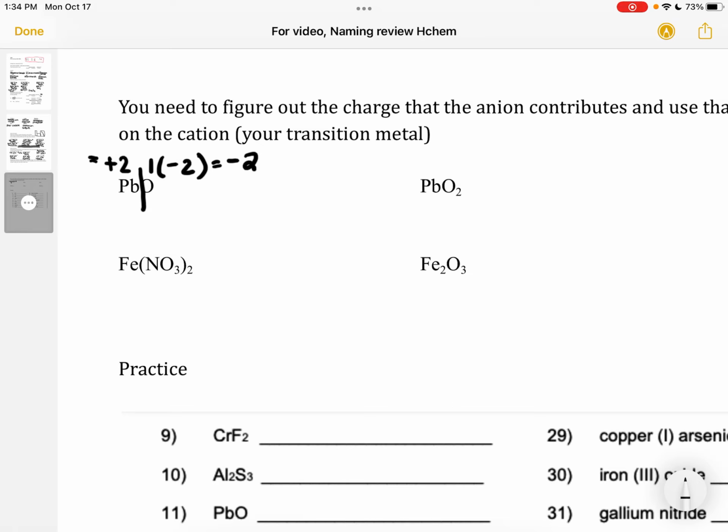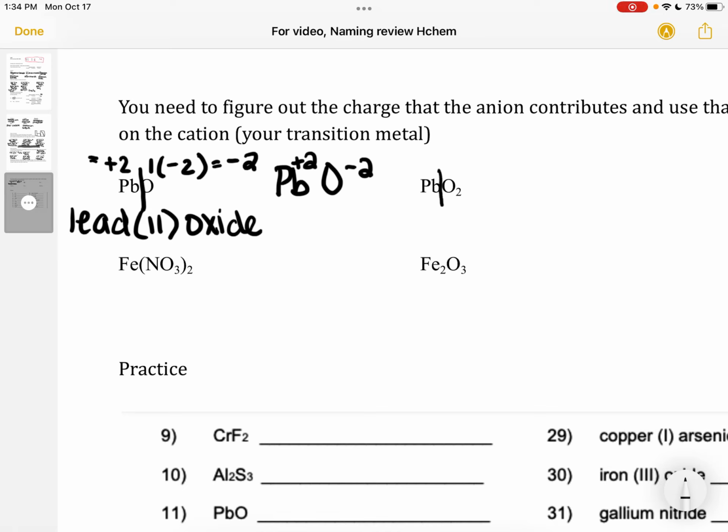So my lead needs to be a +2 charge. So lead(II) oxide, because my oxygen is a -2 and I have 1 Pb, so it has to be a +2 to cancel it out.